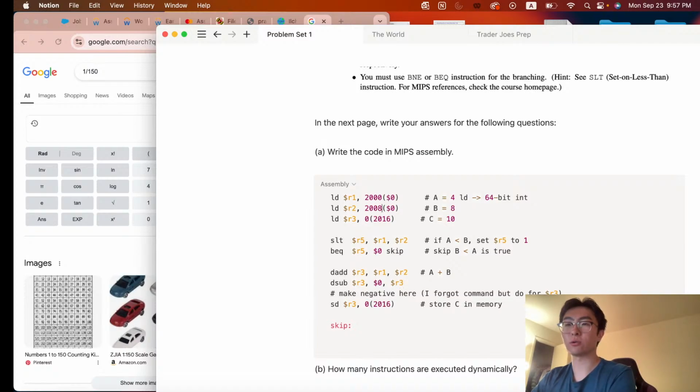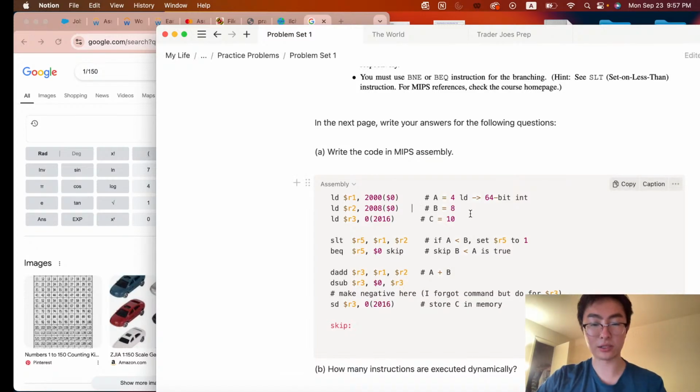Is this also wrong? So load R2, 2000. Okay, the base and then offset, right.